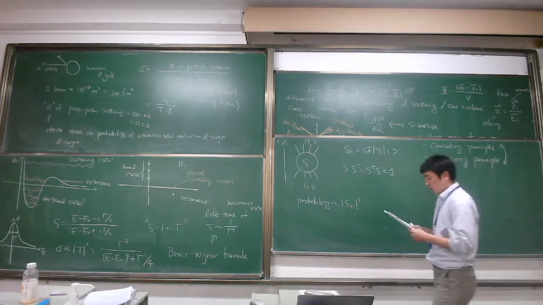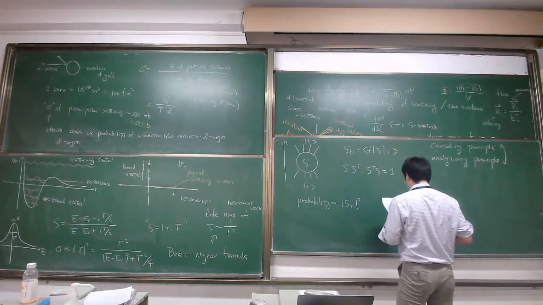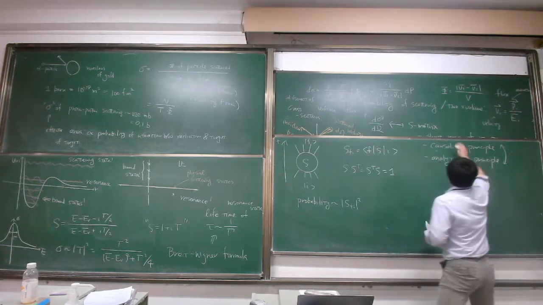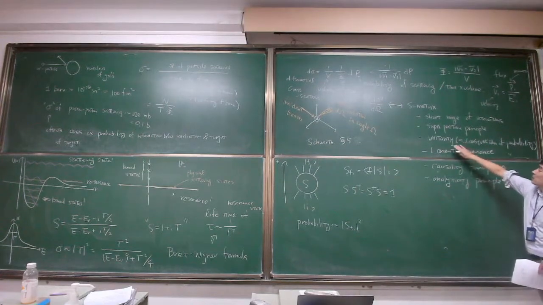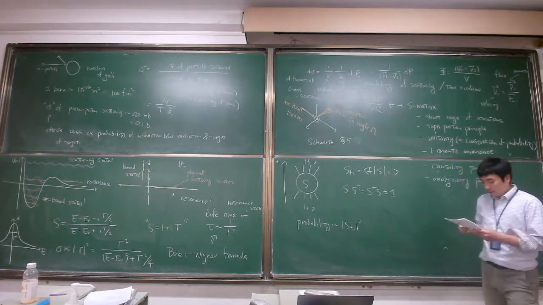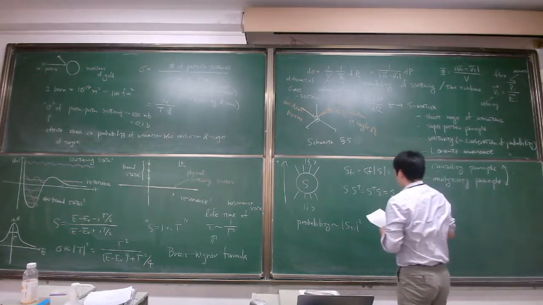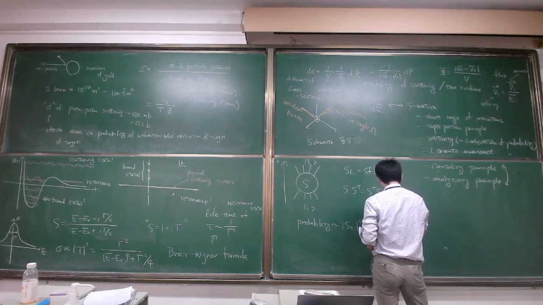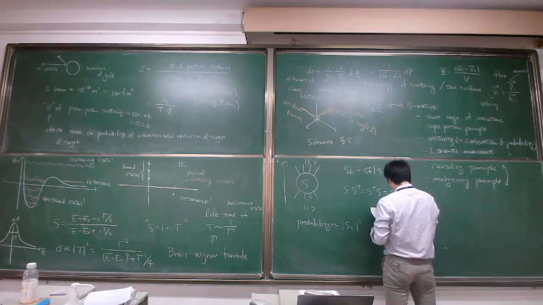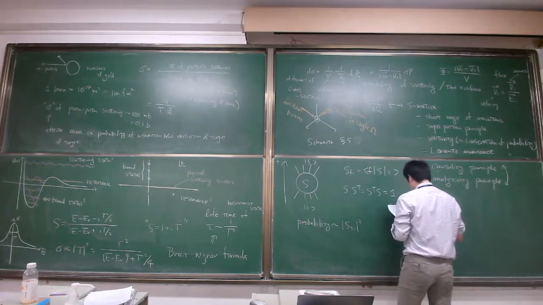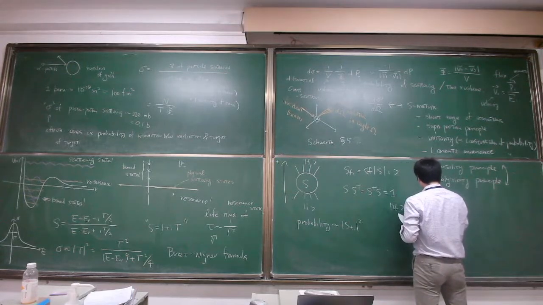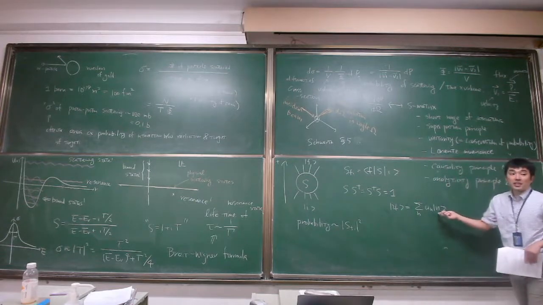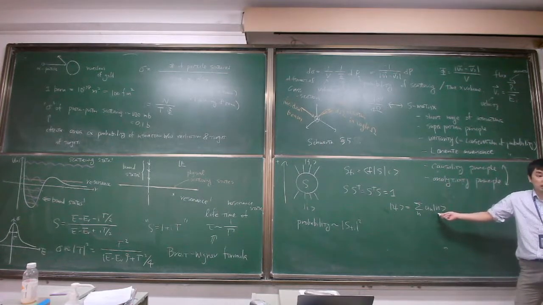Now, why unitarity means conservation of probability: suppose we start with psi, a state which is a linear combination of basis states n.